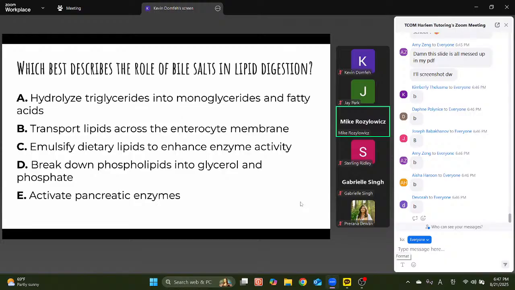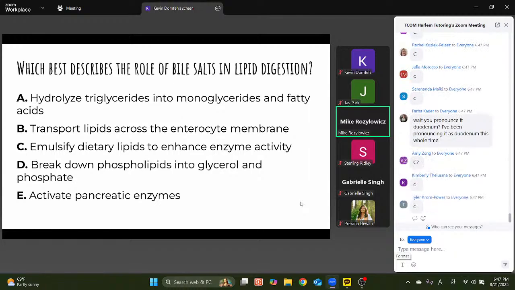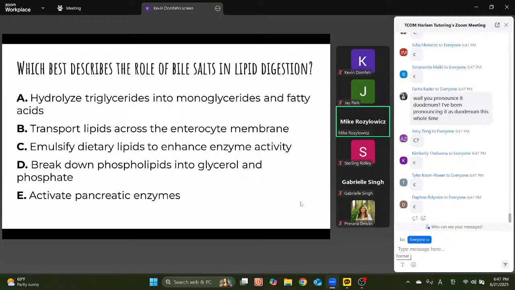All right, guys. Which best describes the role of bile salts in lipid digestion? Bile salts are really important. Farah, I wish I could understand that.